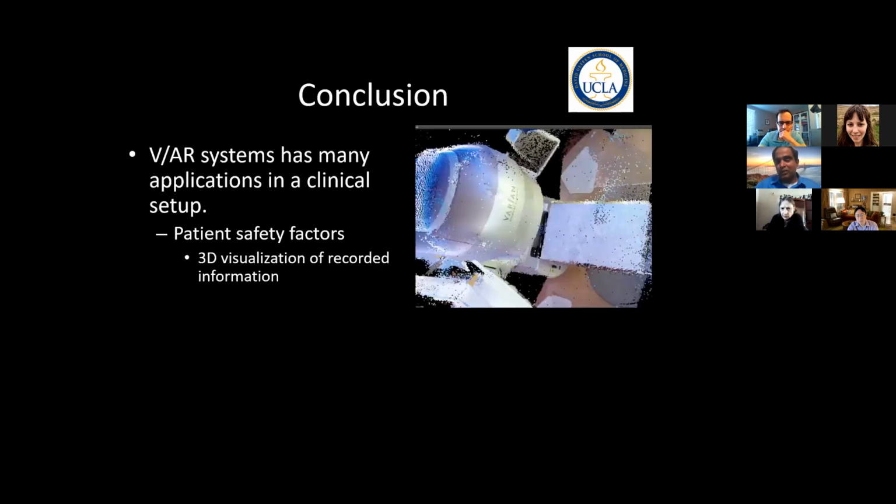3D visualization of recorded information is very critical, so that it enables the surgeons to go back into the treatment room and say what has actually happened. If we missed something, is there a specific event that happened that we did not catch? That can be visualized only in VAR systems. Potential in-room collisions can always happen.